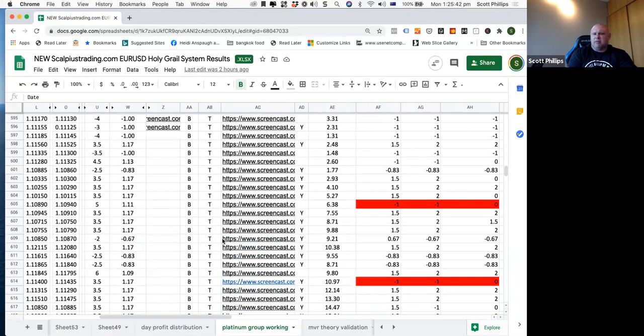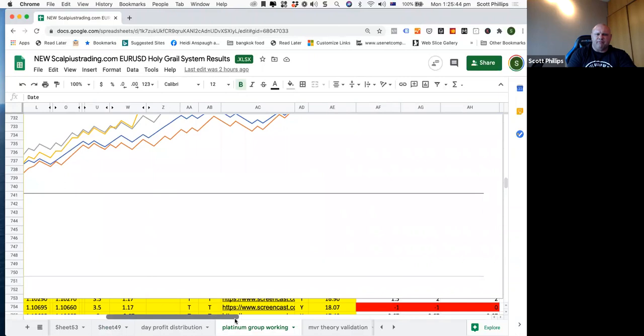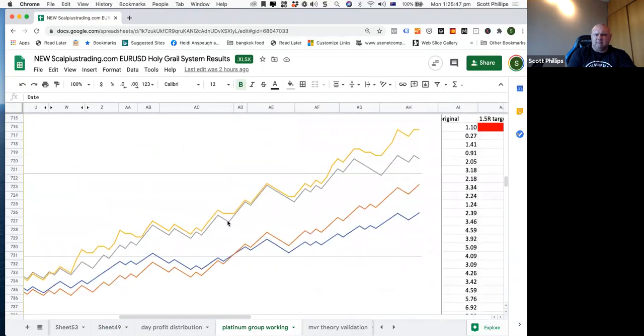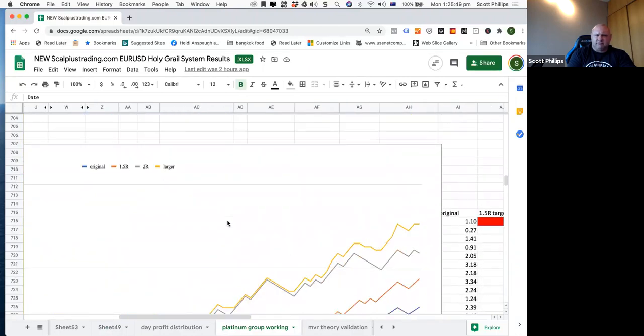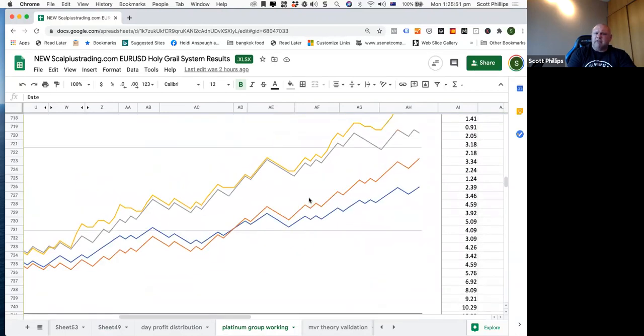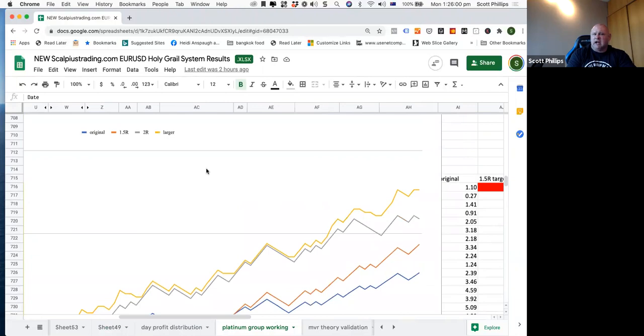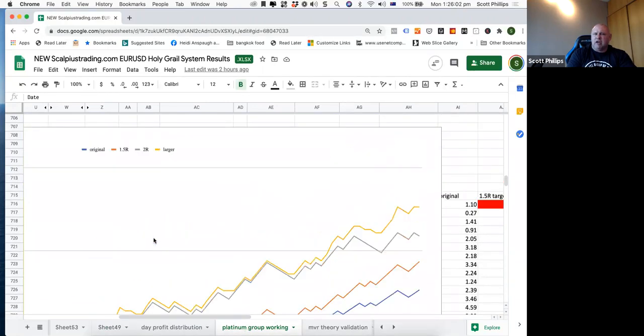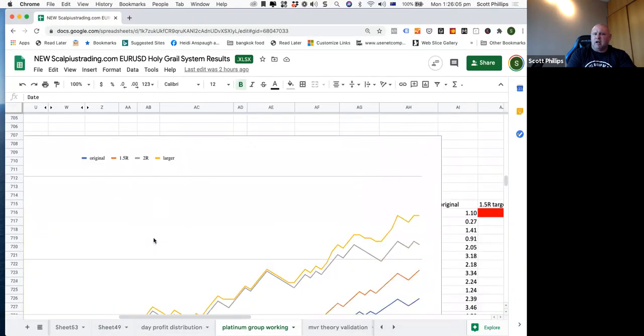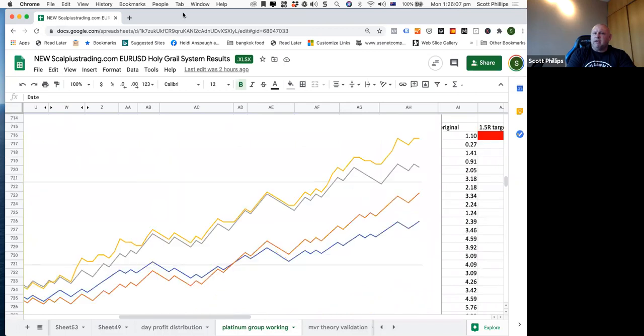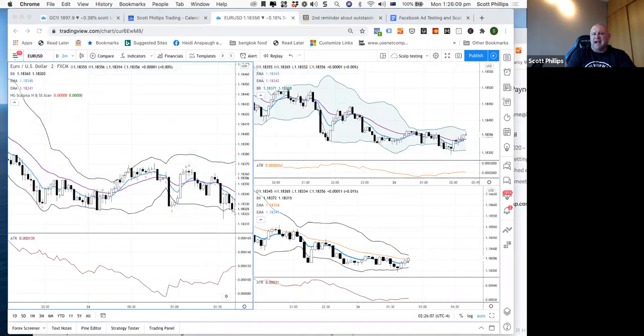So we tested a number of different exit algos, and the one that's the best combination of high returns and easy to use and low drawdown, you can see the bottom line is we can go for a bigger target on mean reversion trades when they're in the direction of the trend.